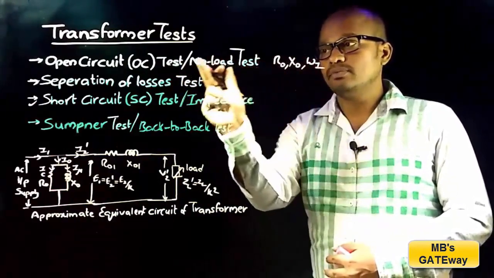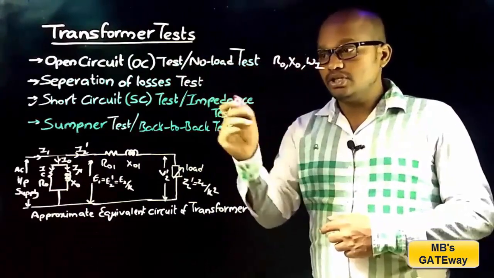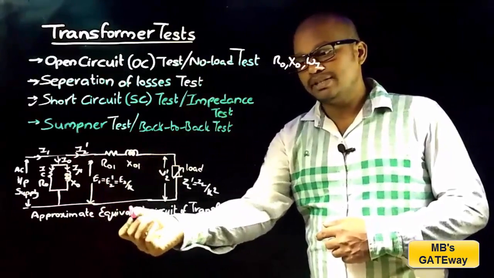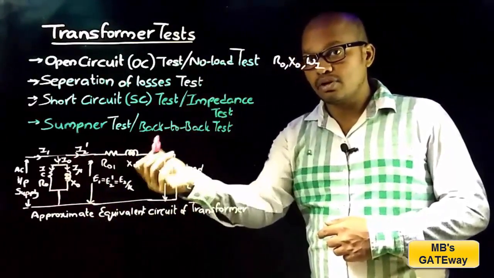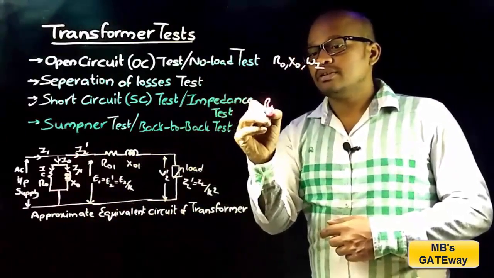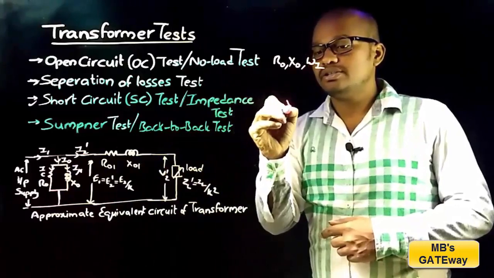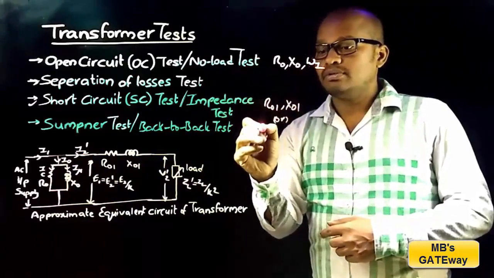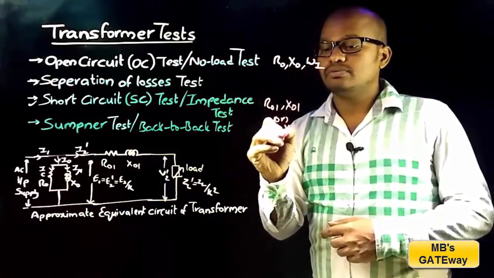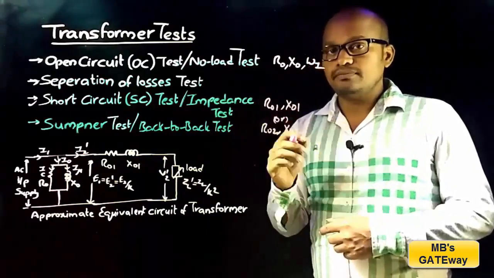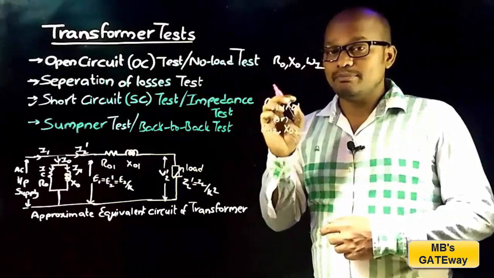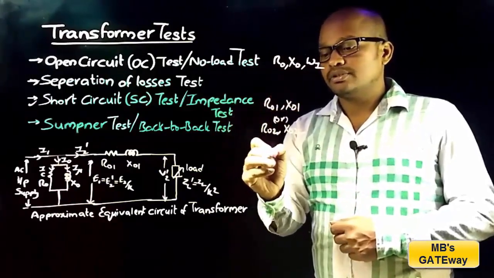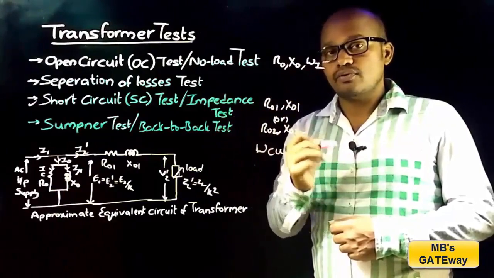And from the short circuit test, the series branch elements of the approximate electrical equivalent circuit of transformer are found, that is R01 and X01 or R02 and X02, depending on the side at which the meters are placed. And also from short circuit test, transformer copper losses are found.